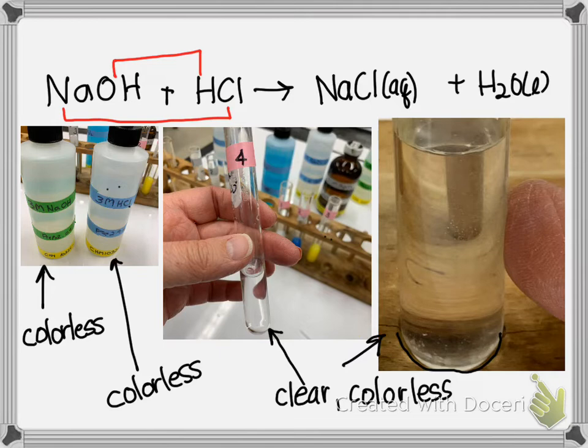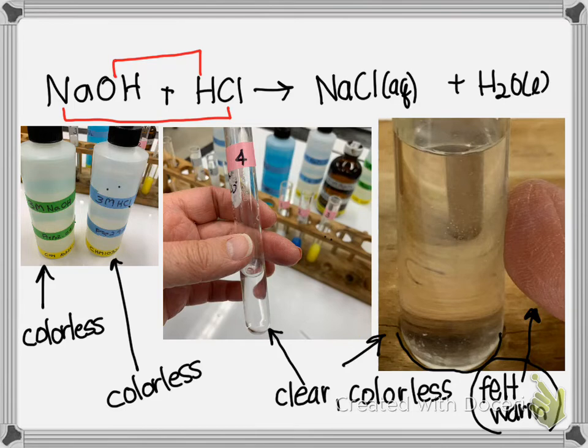But if you can see my poor finger there, which is all dry from washing my hands so much, when I touched it, it felt warm. So there was a change in temperature, which let me know that something had occurred in that test tube.